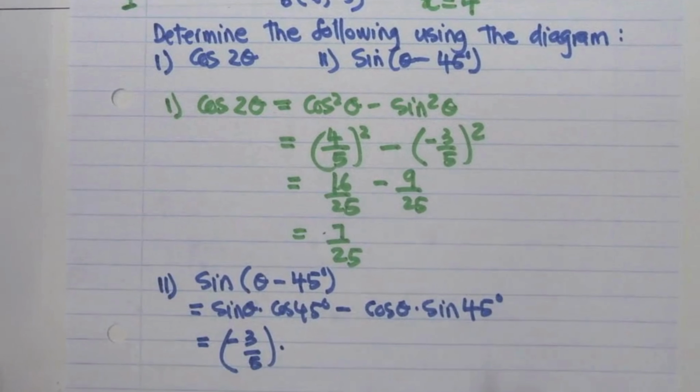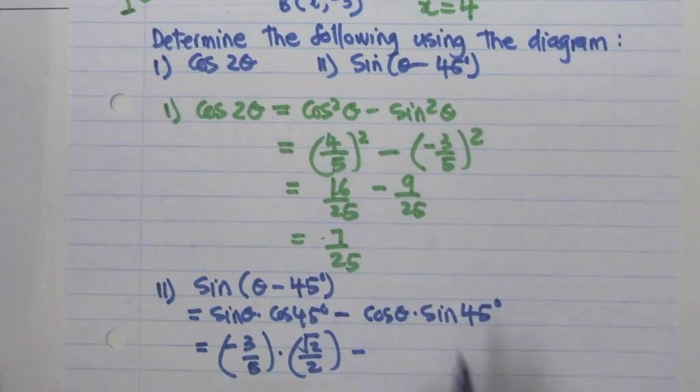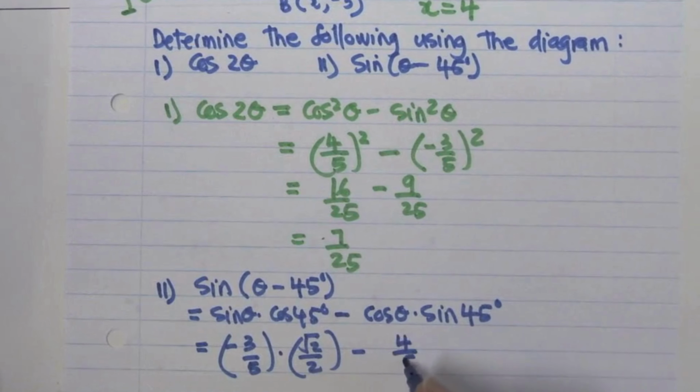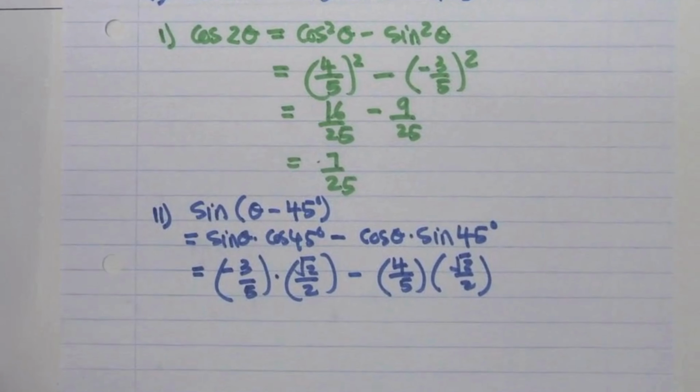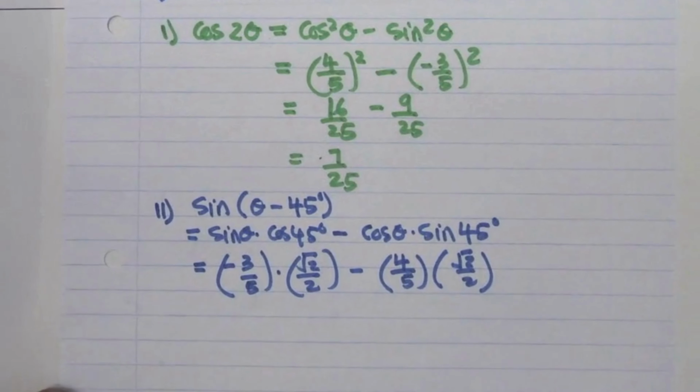Cos 45 is a special angle. Cos theta, I'm going to get it from the diagram. And sine 45 is a special angle. Having done that, I proceed to simplify.